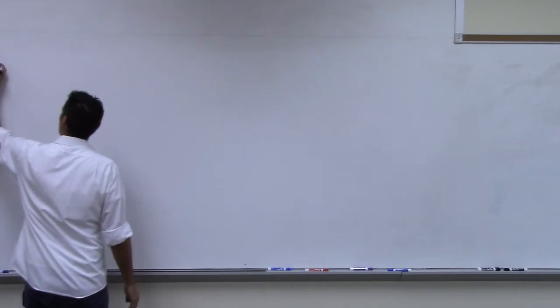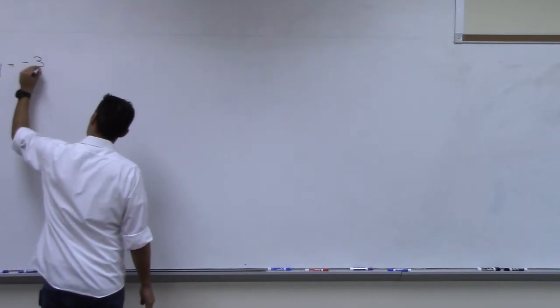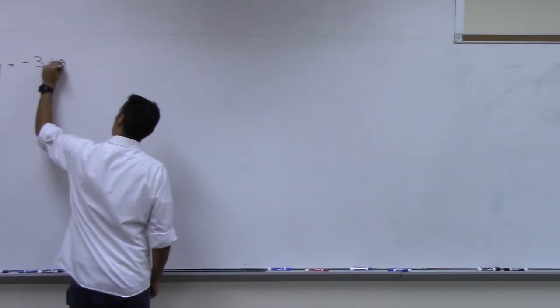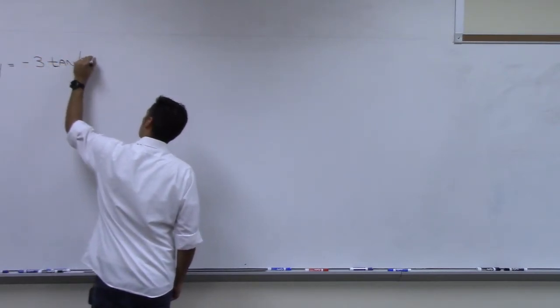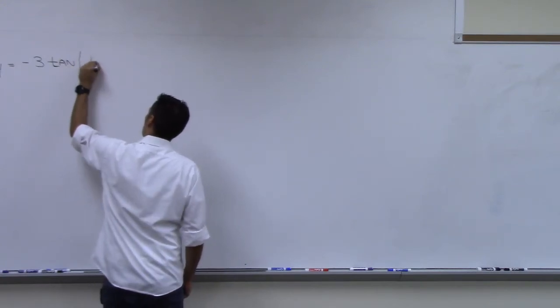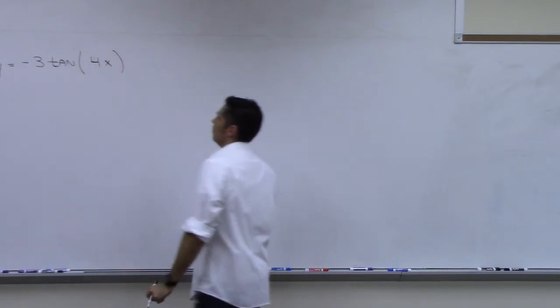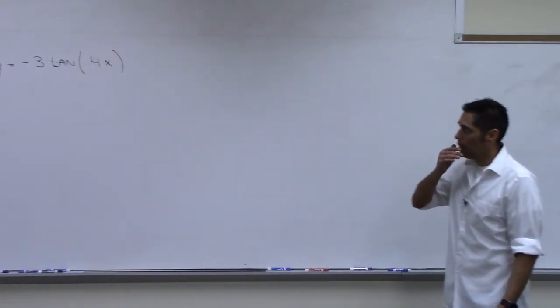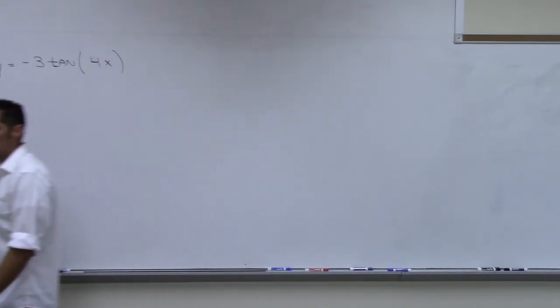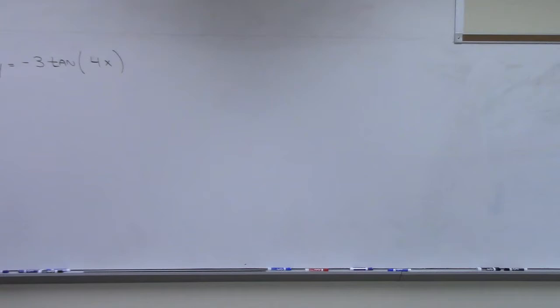Examples. y equals -3 tangent of 4x. Now, when we did sine and cosine, the standard approach, the first step was to set the argument equal to what? 0 and 2 pi, right?